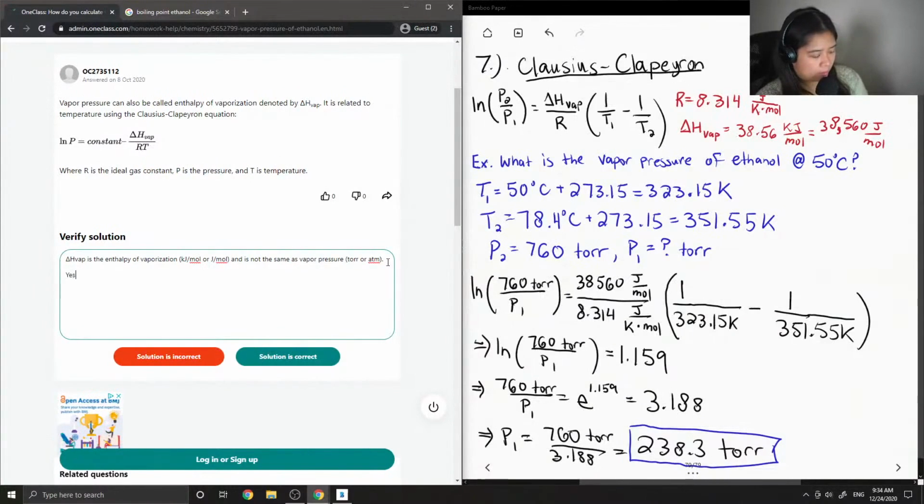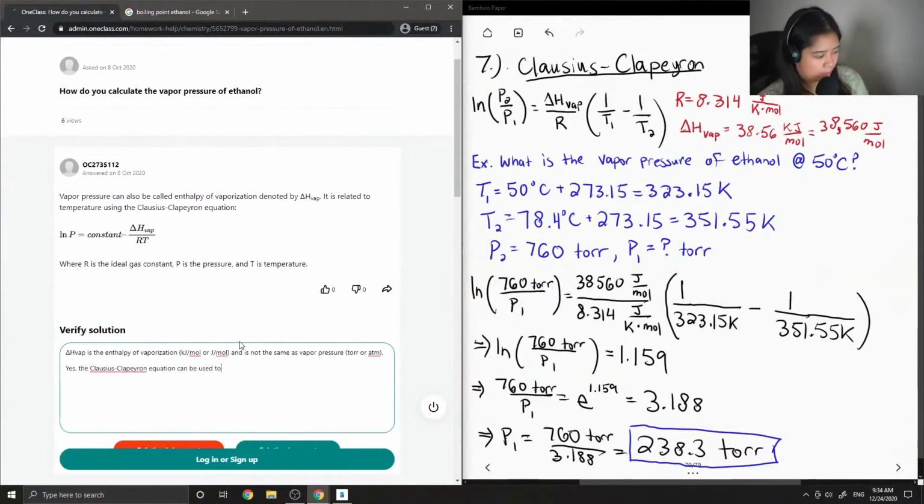yes, the Clausius-Clapeyron equation can be used, and then I'll just write down the equation that I have, which shows how to calculate it if you had all these different values.